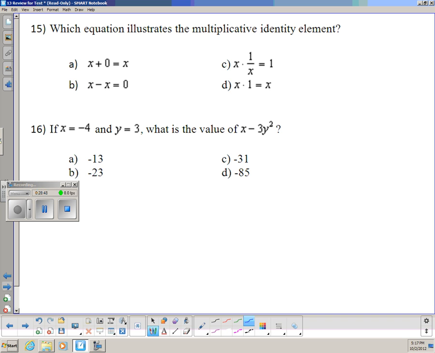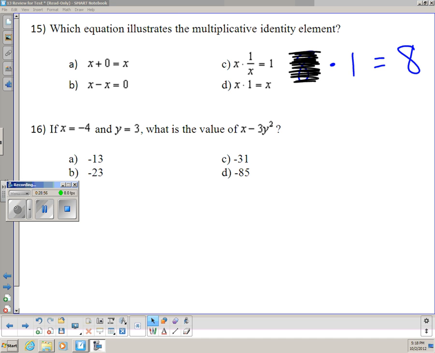Number 15. Which equation illustrates the multiplicative identity element? So again, I'm going to pause the video. So I wrote a little problem. I have blah, or mystery number, times 1 equals 8.